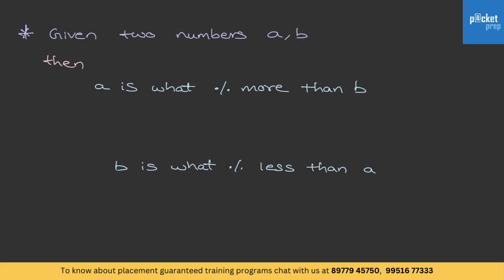What is being compared is to be taken in the denominator. So a is what percent more than b is given by the formula (a minus b) by b into 100. In the same way, b is what percent less than a is given by (a minus b) by a into 100.